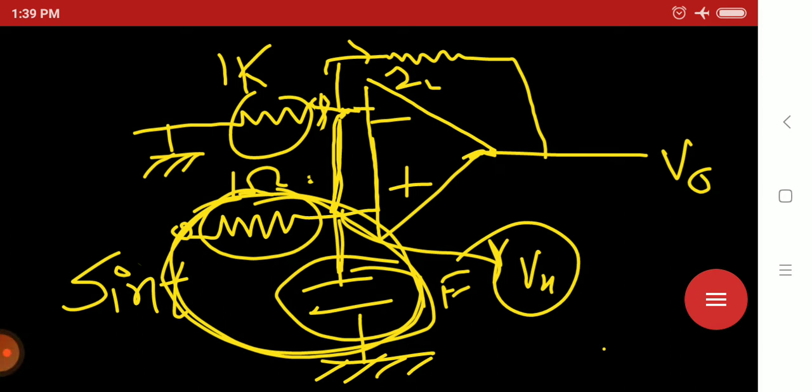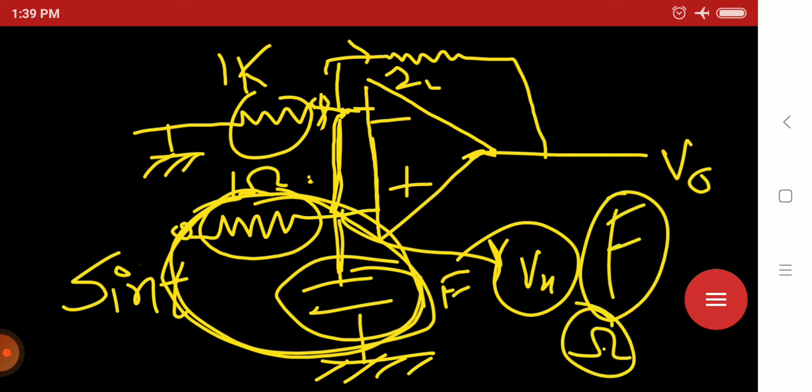Our first task is to convert farad into ohm, and then we can easily derive this Vx.